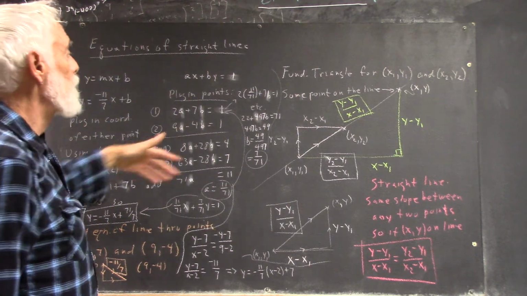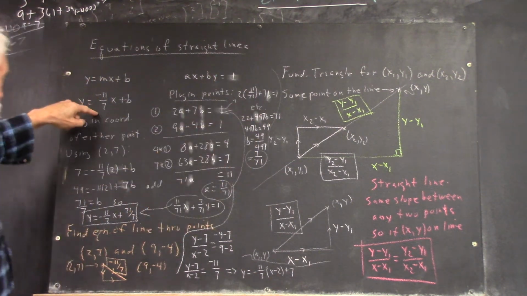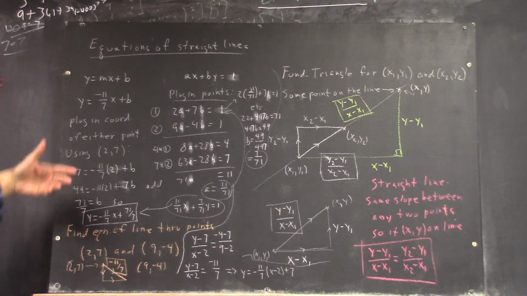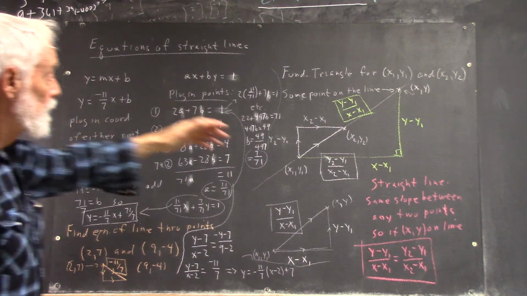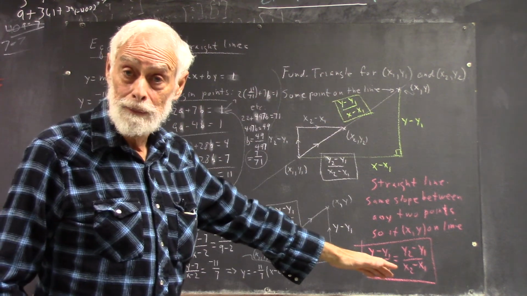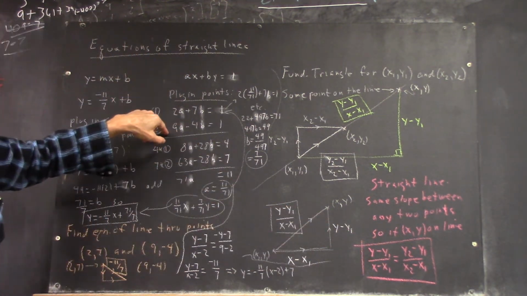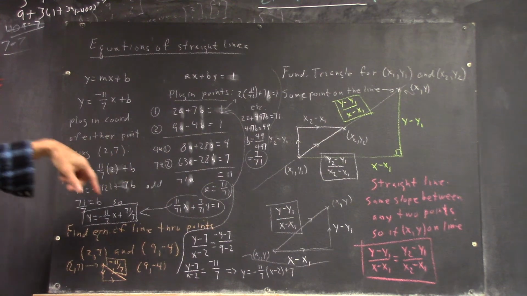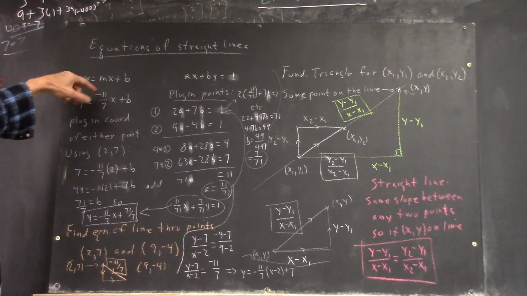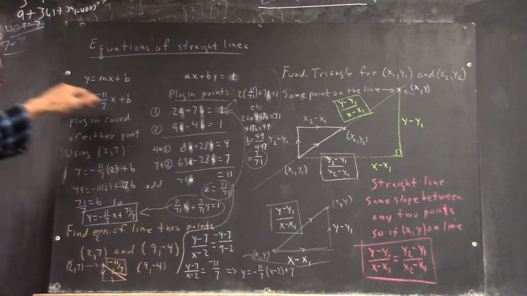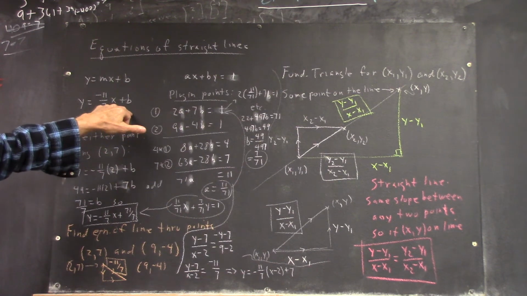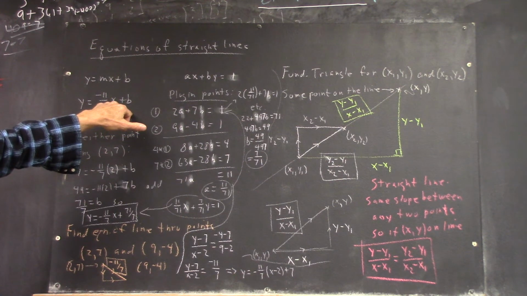And you take the first fundamental triangle you get over here and use that for your slope. And then this is kind of a hybrid thing. Here, you're not doing any simultaneous equations. Okay? Here, you got to do two simultaneous equations. Here, you use the slope, and then you plug the coordinates of just one point in to get the one unknown number. Okay?